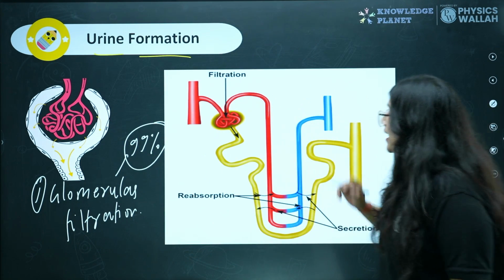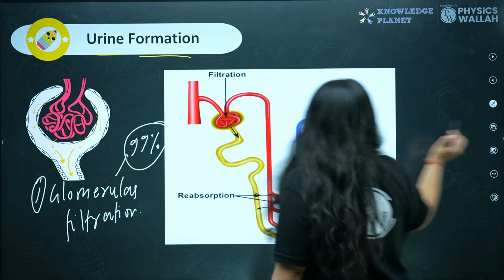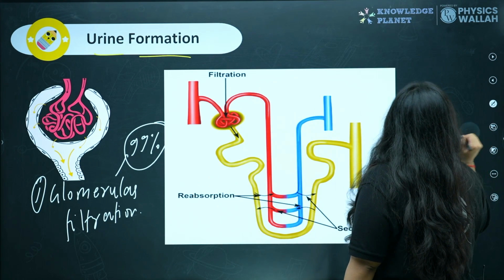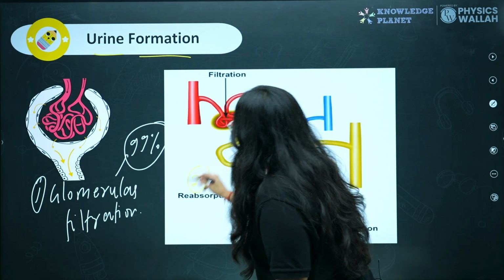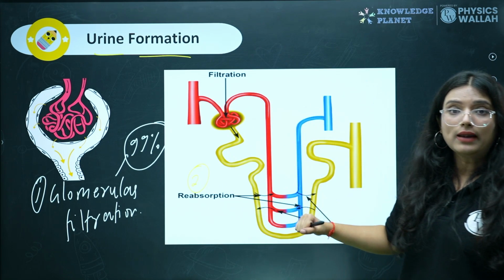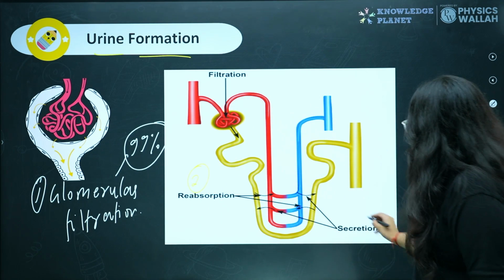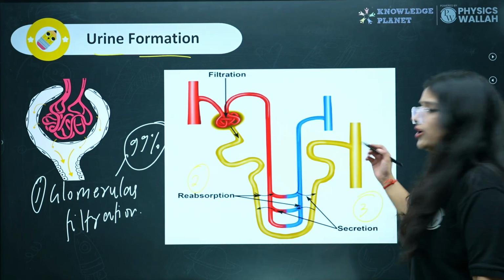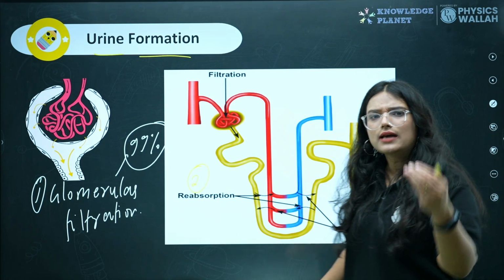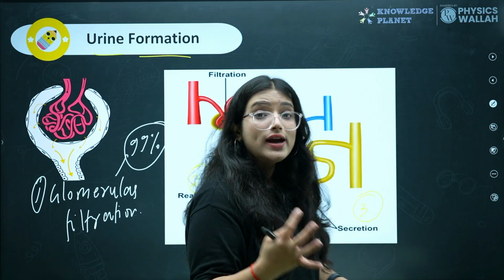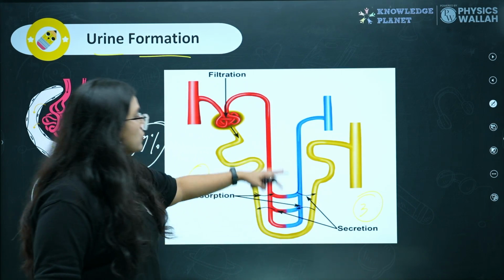In reabsorption, useful substances like glucose and amino acids get reabsorbed into the blood. Then there is tubular secretion, so that excess water, some electrolytes, and also waste can be secreted into the tubules.